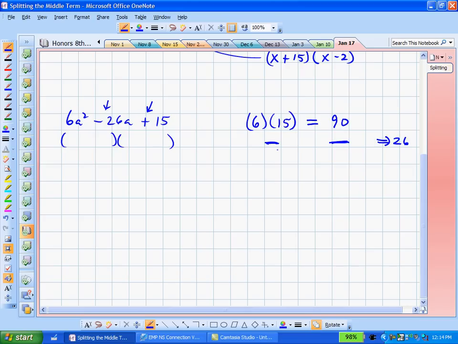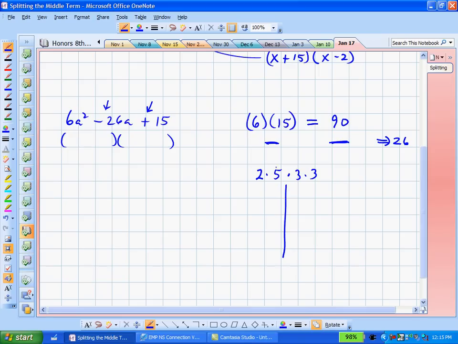So here's where you can get confused, but let's just look at the factors of 90. It's 2 times 45, and 45 is 5 times 9, and 9 is 3 times 3. Right? So I want to take some of these factors and put on one side, and some of the factors and put on the other side, and I want the total of the factors to add up to 26.